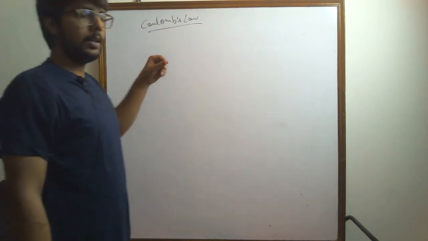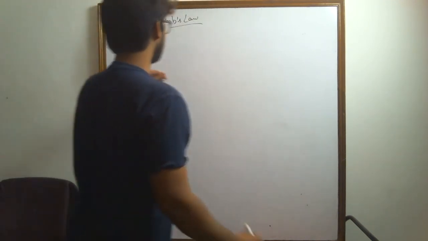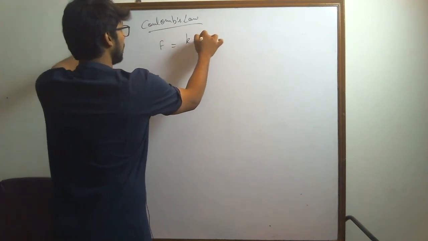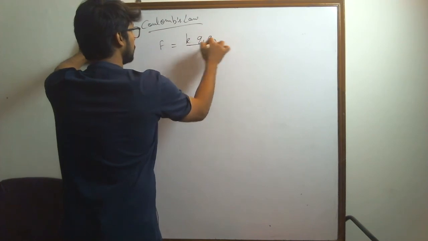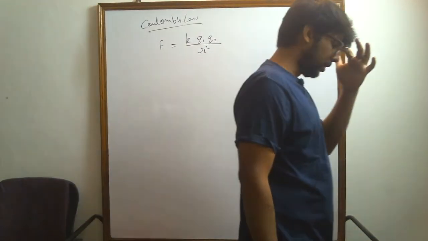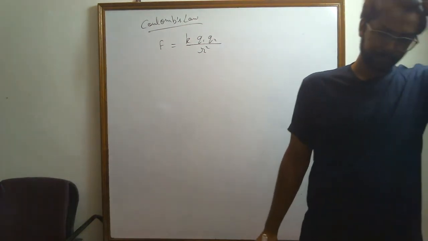Simply, it is very similar to gravitation, which is F is equal to K Q1 Q2 upon R square. This is what was given by Coulomb.